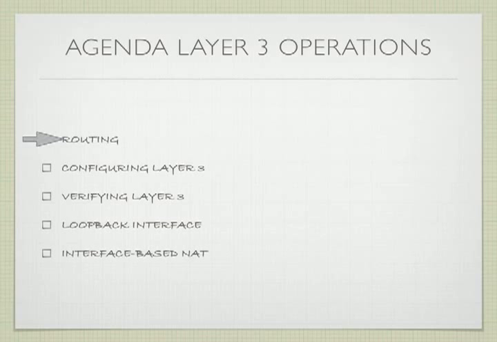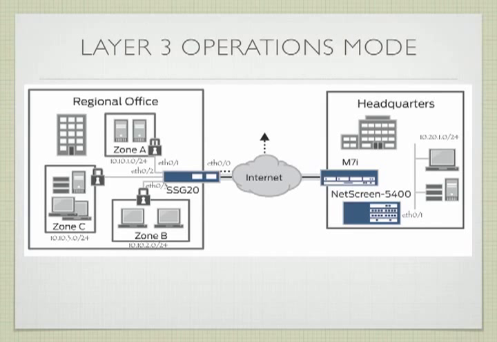So with that, we begin with the first section of our agenda, which is routing, and talk about how routing is necessary and the implementation in ScreenOS. So here we have a basic 2-office multiple LAN situation that we'll use as our example for routing mode.